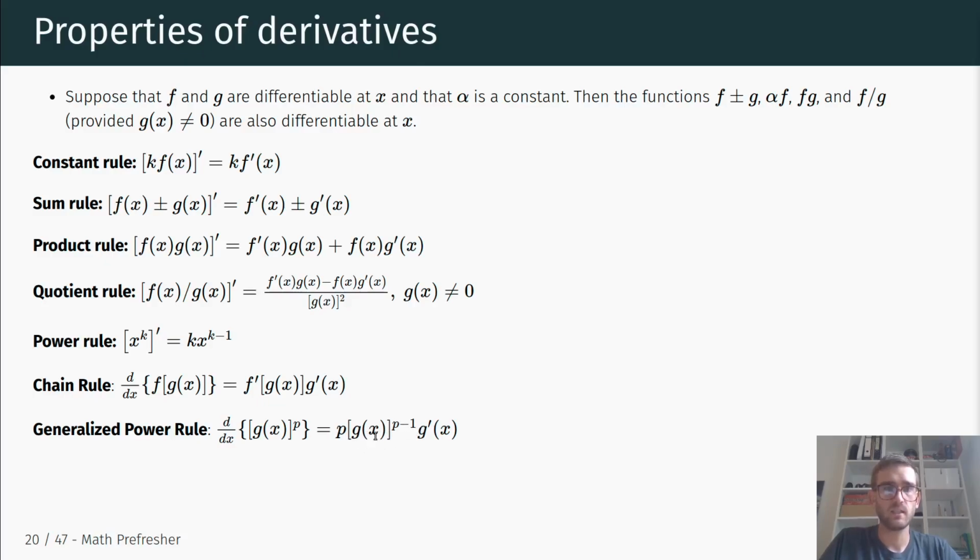This is just applying the power rule to the outside function, and then we multiply this by g prime of x. Constellations where you have something like g of x to the power of p are quite common, so we want to keep that in mind as well.